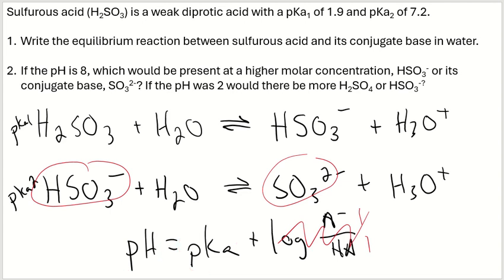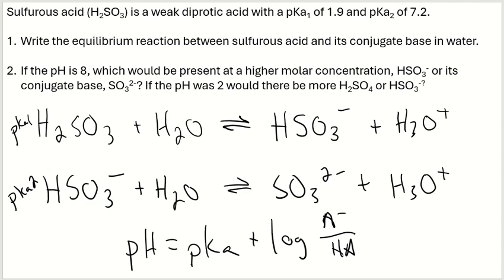However, as we increase one of those, for example, if we increase A minus, the conjugate base, this number gets larger, and so the pKa plus that number will be greater than the pKa. However, if we have greater concentration of our acid, the log of something less than 1 is going to be a negative number, and the pKa plus the negative would be lower than the pKa value.